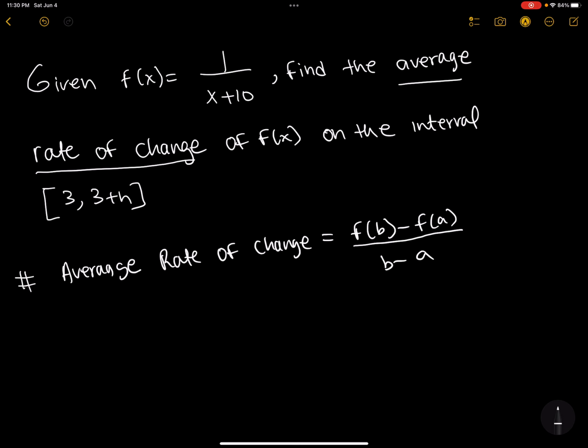For this, we clearly need to find what B and what A is. Well, we will always label this as our A and this as our B, the entire thing.